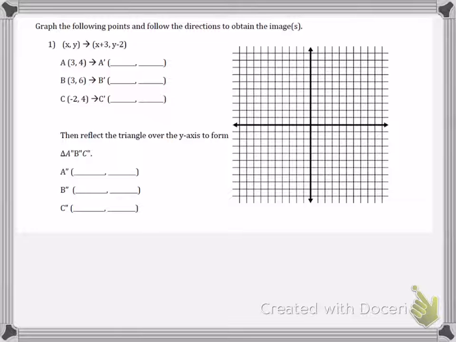So the first thing we need to do is to graph the original on the coordinate plane. And we have the point 3, 4.